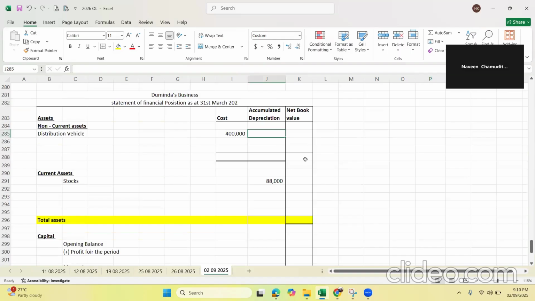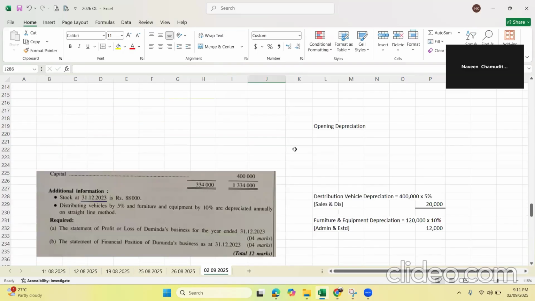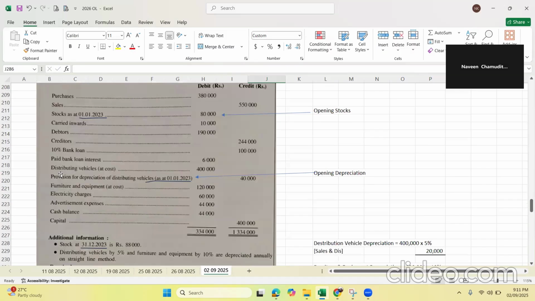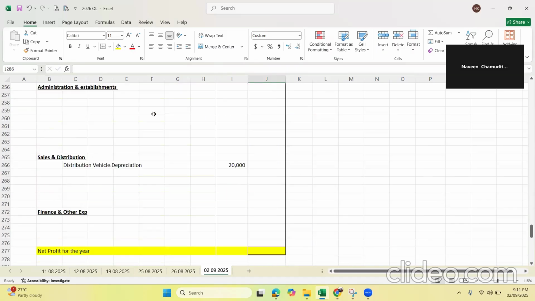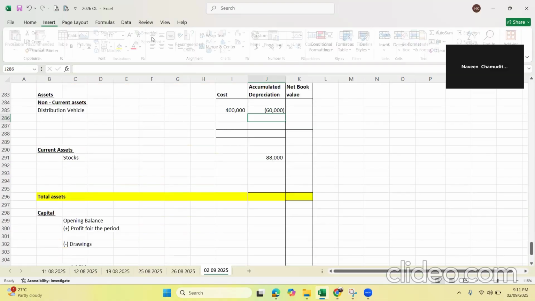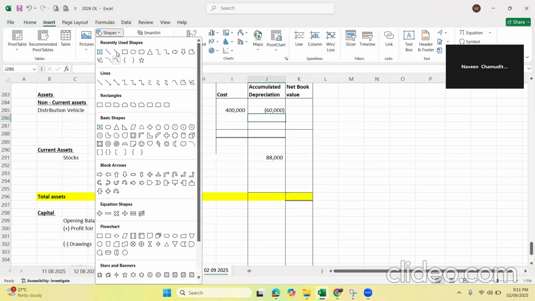Accumulated depreciation is 60,000, right? So how does it come? Opening depreciation we have 40,000. See here, provision for depreciation of the distribution vehicle 40,000.